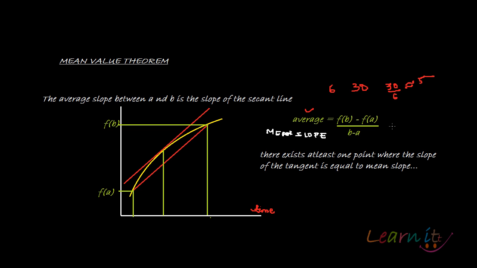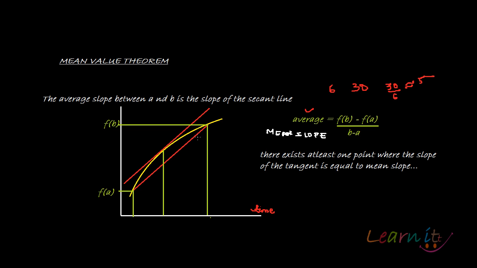So that's what your mean value theorem actually tells you. The graphical interpretation of this theorem essentially says that there exists at least one point where the slope of the tangent is equal to the mean slope. Now the mean slope will be the slope of this secant line.